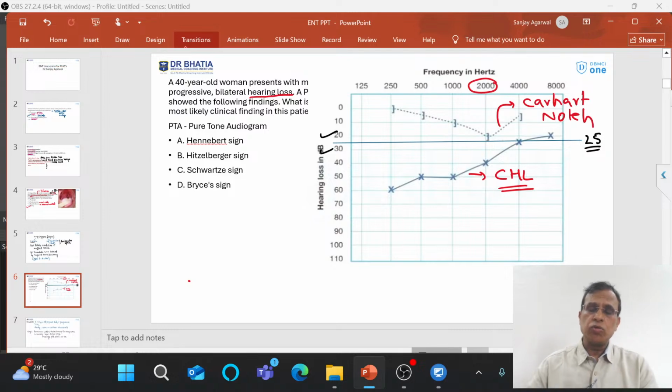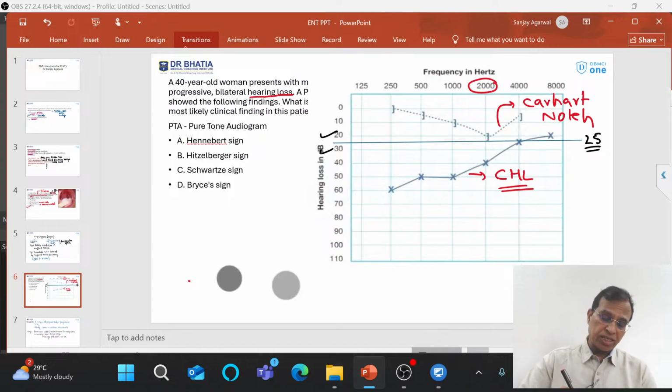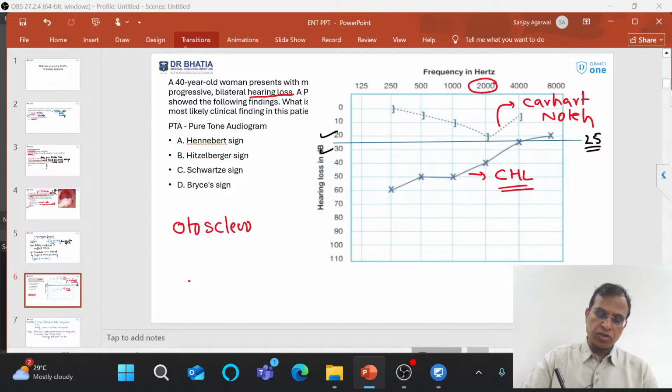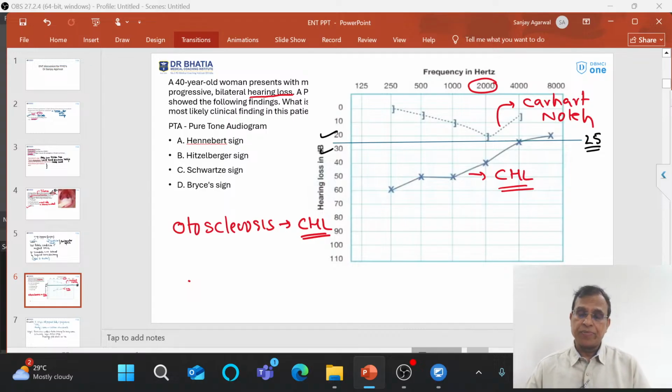So if I ask you what are the two important findings in this particular audiogram, you say: one, it is conductive hearing loss; two, there is a Carhart's notch, and Carhart's notch is seen in otosclerosis. So this patient is suffering from otosclerosis, and because of otosclerosis, this patient is having conductive hearing loss. This is what you have to know. Now they are basically asking you to make a diagnosis by looking at this graph and the history.